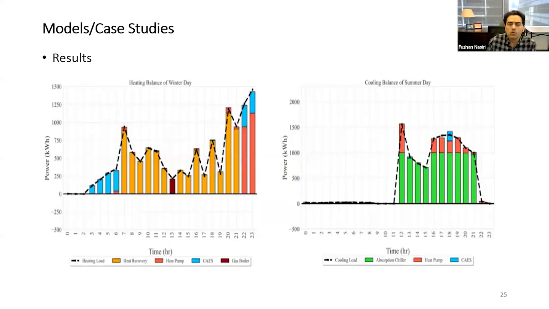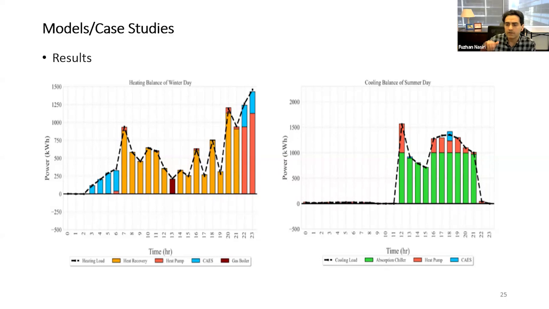So that is done for every single day. And I should mention that in this study, we were not only looking into the power supply electricity for the community, we were looking at the heating and cooling supply as well. So on the left, we have a typical winter day heat balance and how it is covered from what sources. And on the right, we have the summer day cooling needs and how it's been supplied.